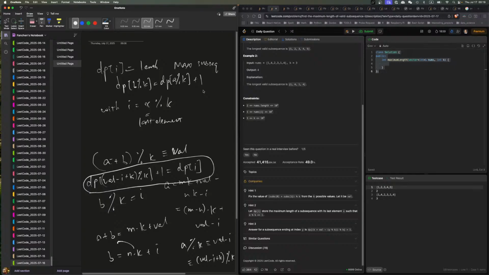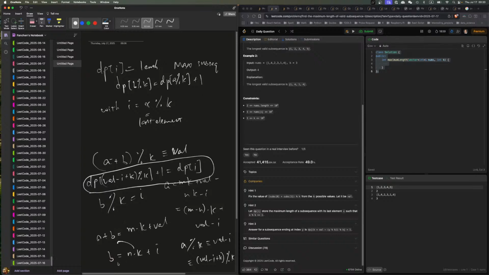Because we are finding the last two. We say a and b are the last two. But I think it makes sense. So like if I find B, right, then the A will be the same, right?